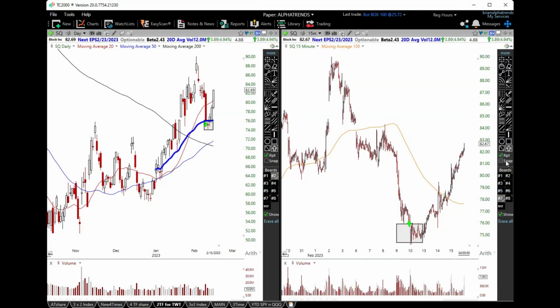Or do I want to wait for some kind of consolidation, buy as it breaks a higher high right here, and set my stop underneath that most recent relevant low, and then maybe add to it later on? So to me, that's the proper way to use these.